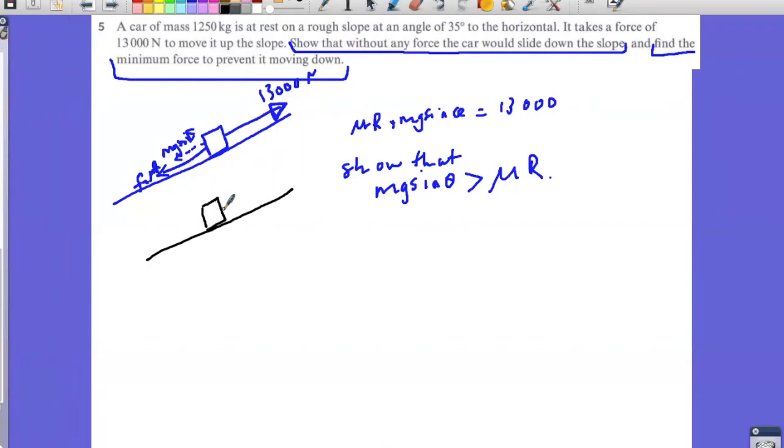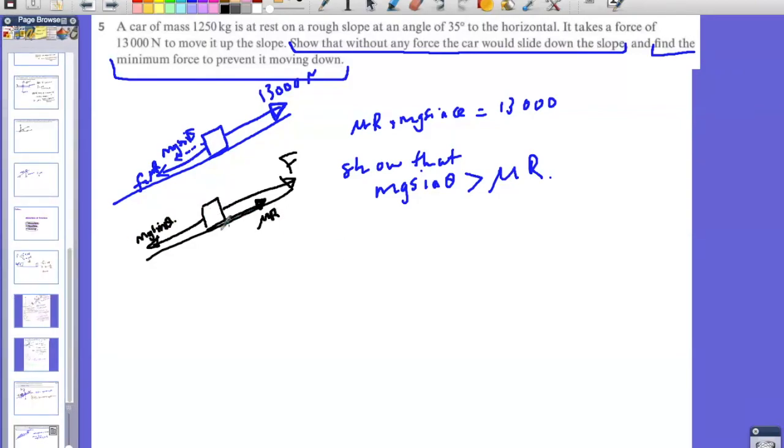You should have an additional force here, F, which you should find, and you still have your frictional force here, which is mu R, and then you have your mg sine theta here. So now mg sine theta should be equal to mu R plus F, and so you can find F from there.